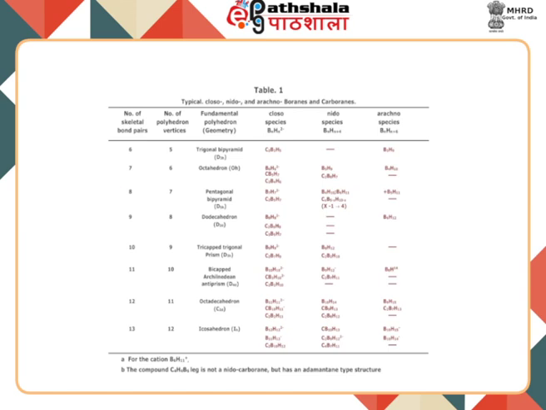When the number of skeletal bonded pairs is 9 and the number of polyhedron vertices is 8, the geometry is dodecahedral, that is D2d. The examples under closo species are B8H8 2-, and in case of closo carboranes, the examples are B6H8 and C3B5H7.